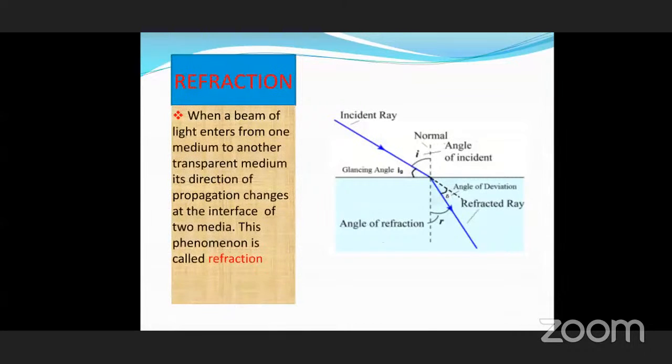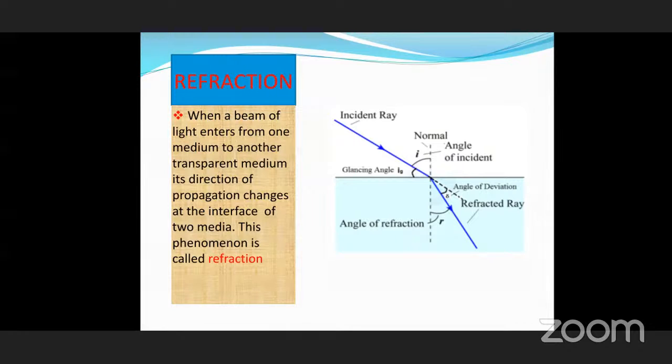So now we are going to go to another property of light, that is refraction. That is an important property of light. You know what is refraction? When a beam of light enters from one medium to another transparent medium, that is important.